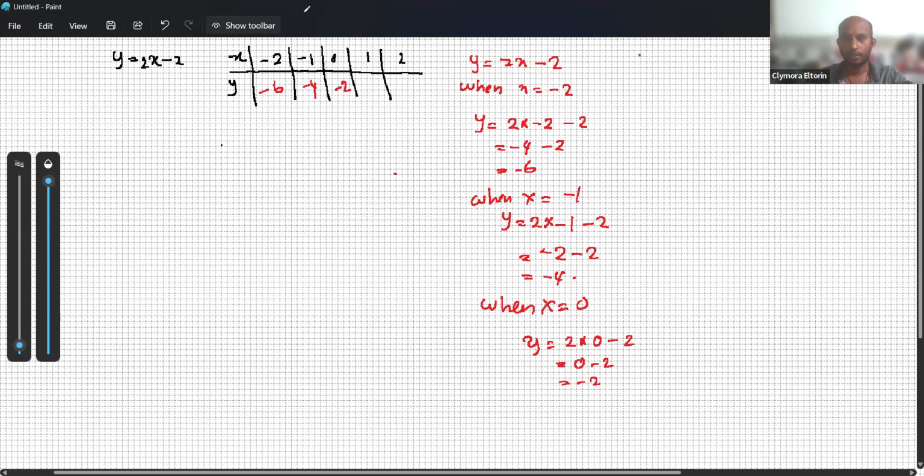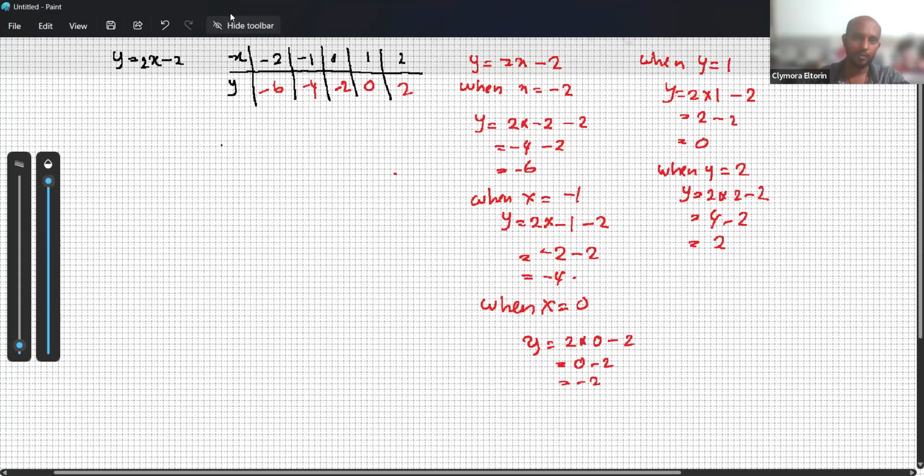There are two values remaining. When x equals 1, y equals 2 into 1 minus 2, which means 2 minus 2, the answer is 0. Next, when x equals 2, we can write 2 into 2 minus 2, that means 4 minus 2, so it's 2.